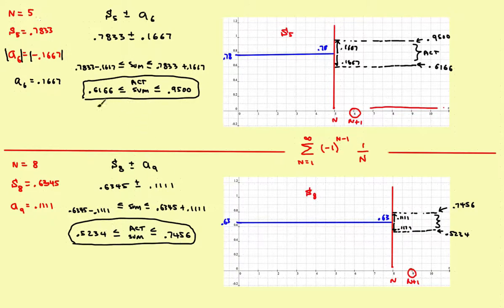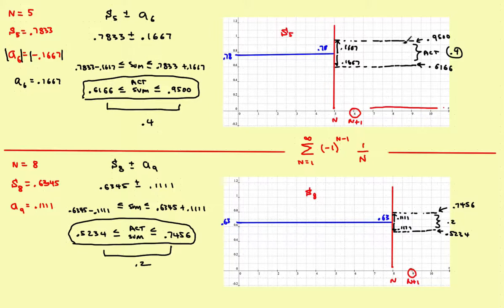If you use 5 terms, and notice the difference between these two from here to here, let's just round off a bit, about 0.4. So actually you had a pretty wide range here of about 0.4 from here to here. But on this one, you're going from 0.52 to 0.72. The range between these is about 0.2.